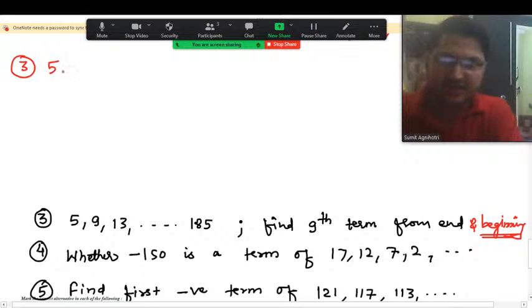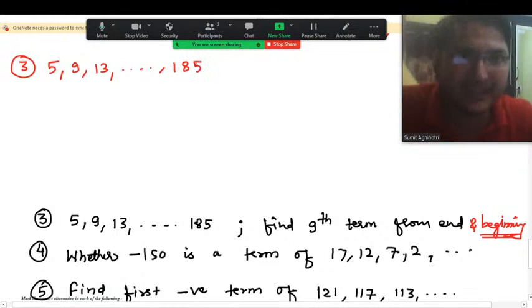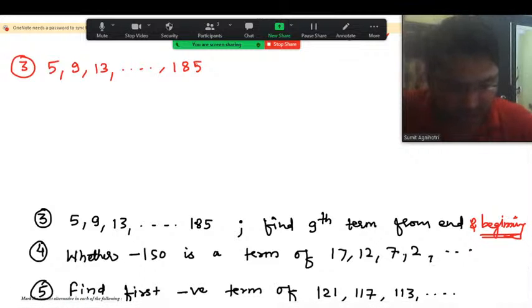This is your sequence: 5, 9, 13, and I want you to answer the ninth term from beginning. Then we will discuss how to figure out the ninth term from end, and how to figure out the middle term as well for this question.